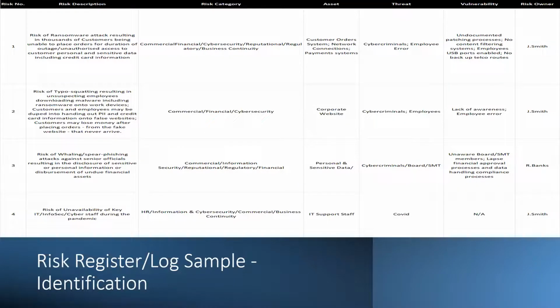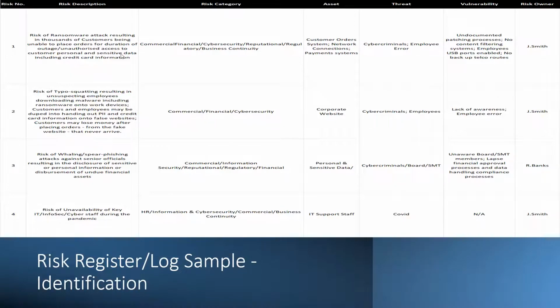Here is a sample risk log where I've identified some risks in a fictitious company. So first, the risk of a ransomware attack resulting in thousands of customers being unable to place orders for the duration of the outage.